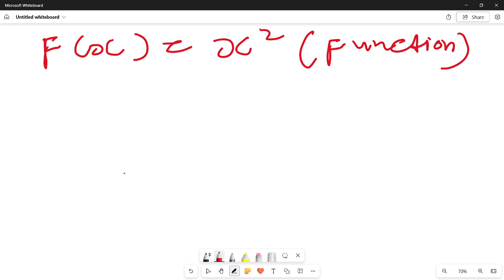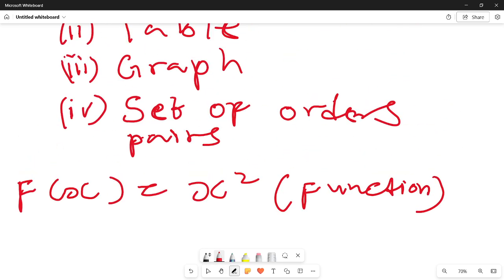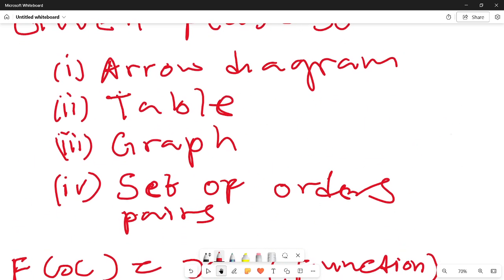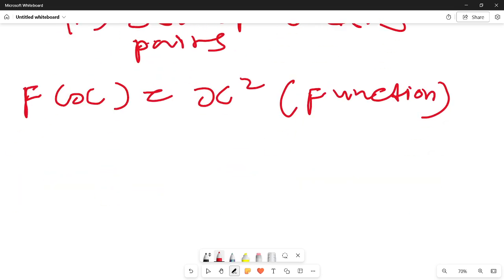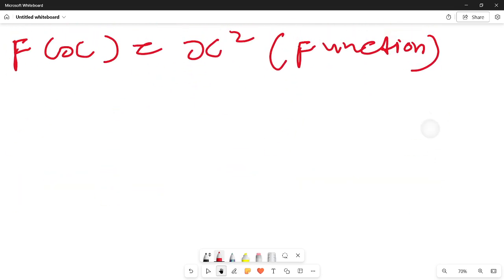Let's represent this function. The first part, we're asked to represent using an arrow diagram. It will depend on the values you have chosen, but it will be similar as long as you follow the rules.